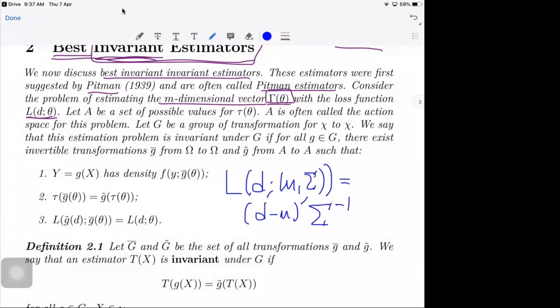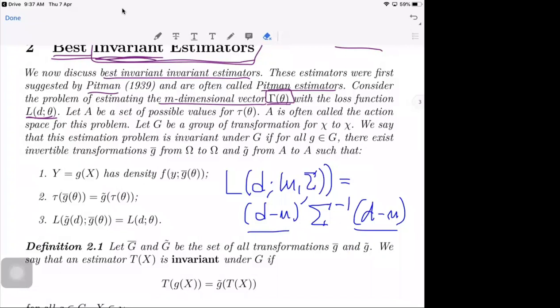First the inverse of the variance, the denominator, and then D minus mu. In the univariate case, that is just D minus mu squared, no? Or the difference between the actual estimator and your parameter mu. So this is your Mahalanobis loss function.